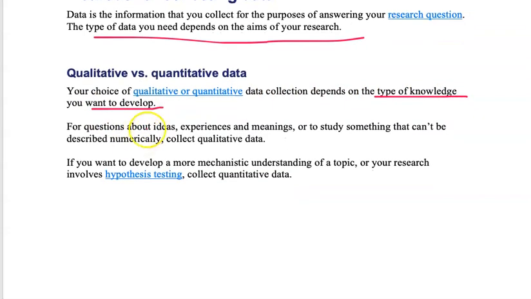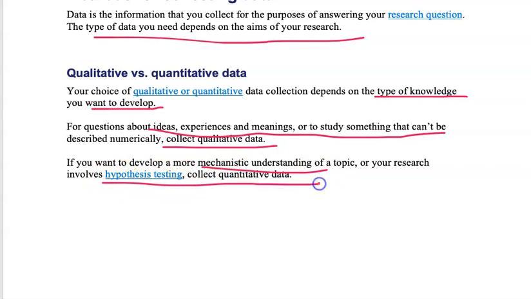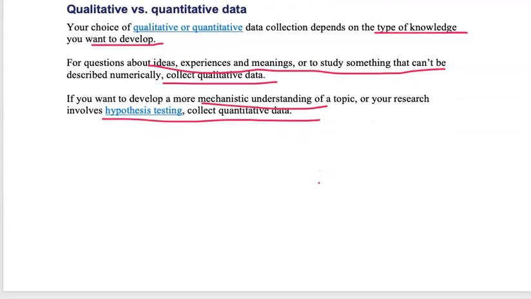For questions about ideas, experiences, and meanings, or to study something that cannot be described numerically, we collect qualitative data like historical time series data. We analyze what is the pattern of the change in cultural customs and traditions. If you want to develop a more mechanistic understanding of a topic, your research involves hypothesis testing. Collect quantitative data and test the hypothesis whether this is correct or not.